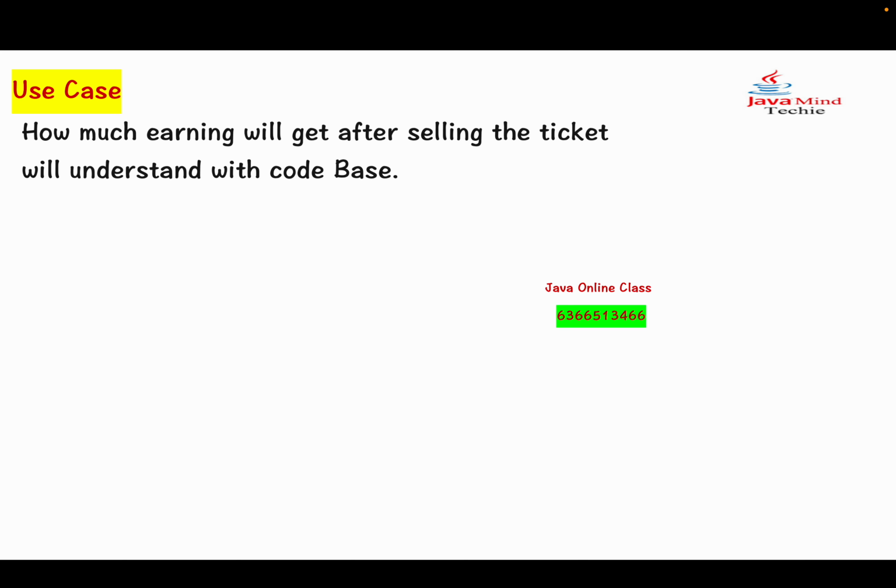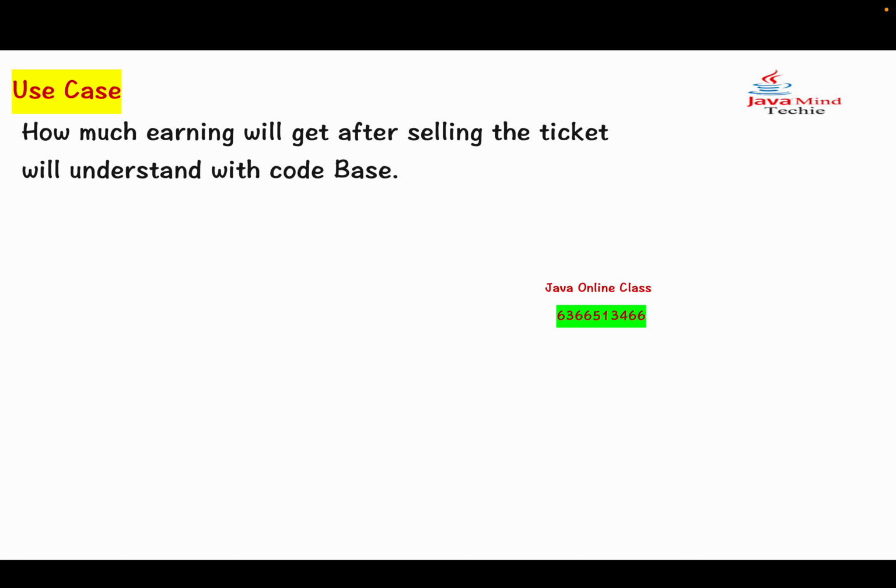We have already explained many movie booking applications, but in this application I will explain what happens after buying the ticket. After buying tickets through PVR, Inox or Make My Trip, any booking application, once they have sold the entire set of tickets, how much money are they going to earn, right?